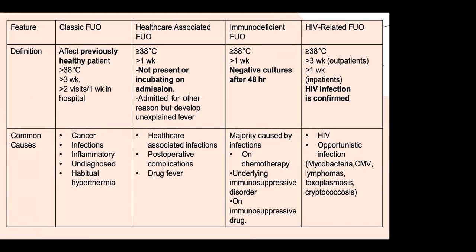Each of these subtypes has a different group that is commonly affected and also different causes. For example, classic FUO commonly affects previously healthy patients, and the common causes can be cancer, infection, inflammatory disease, or undiagnosed disease.